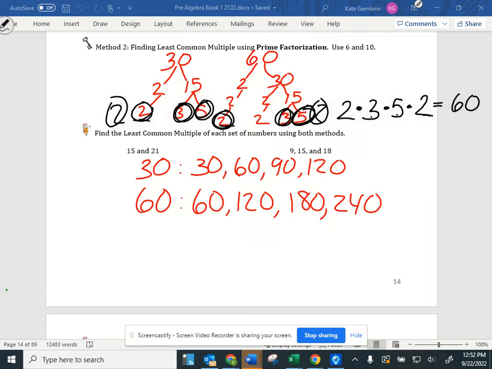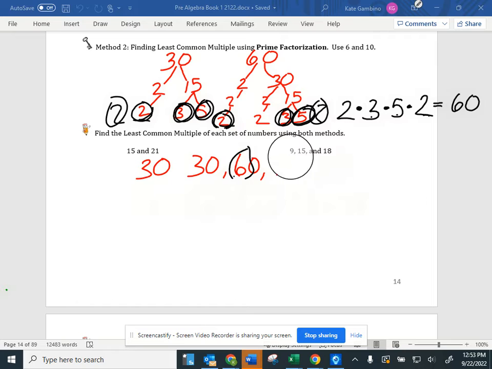And then we circle our common multiples. Circle our common multiples, 60, 120. What's the smallest one? It would be 60. Does that make a little more sense? Any other questions about the prime factorization?